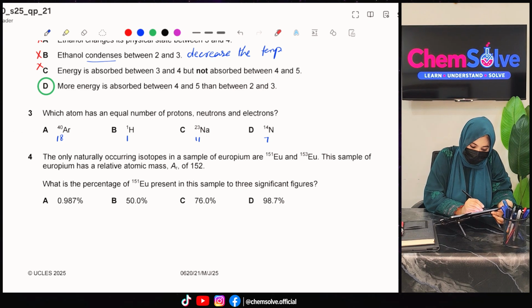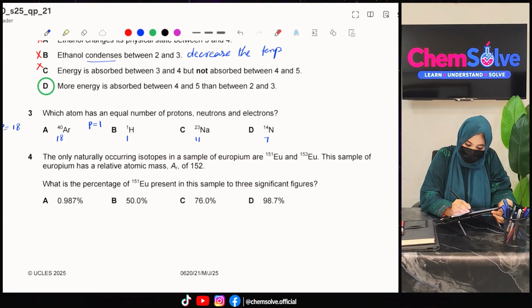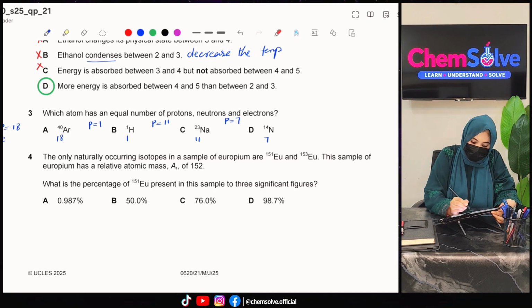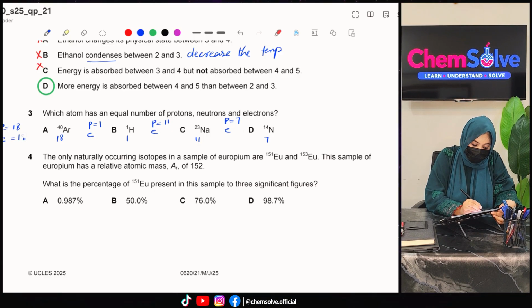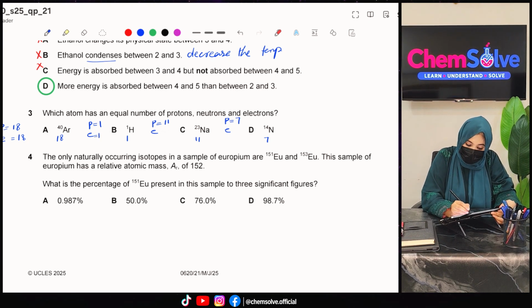So the proton number of Ar is 18, the proton number of hydrogen is 1, the proton number of sodium is 11, and the proton number of nitrogen is 7. Electron number is equal to proton number if there is no charge. Of course they don't have any charge, so the electron numbers would be 18, 1, 11, and 7.